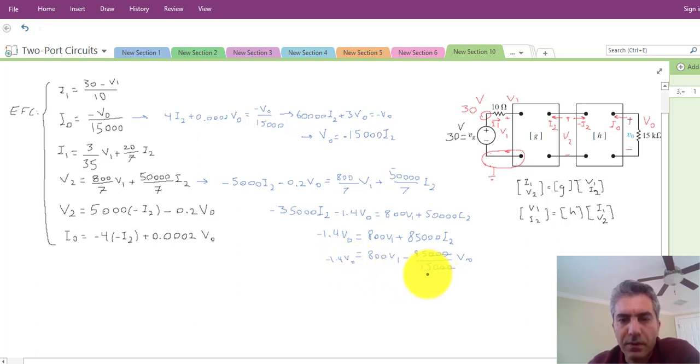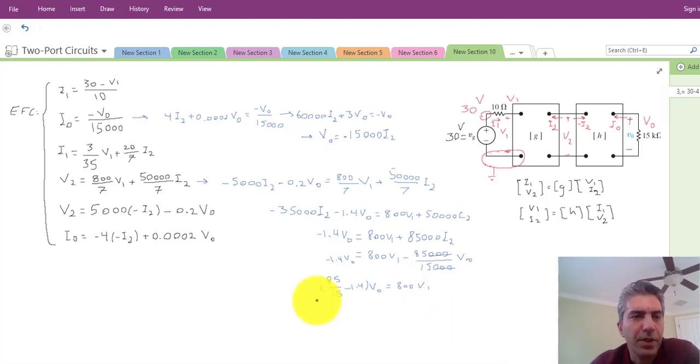So it's 85 divided by 15 minus 1.4 V out is equal to 800 times V1.